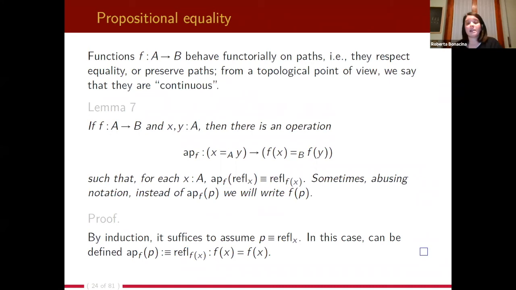And again, the proof is easy by induction, because it is enough to prove it in the very trivial case in which P is the reflexivity on x. And so in this case, of course, it is enough to define ap f of P as the reflexivity on f of x, which is of the right type f of x equal f of x. And the general case follows by induction.